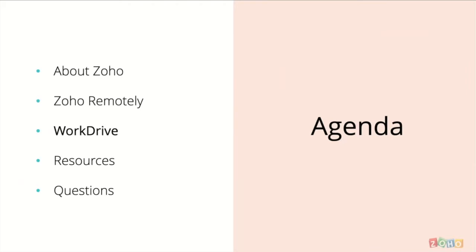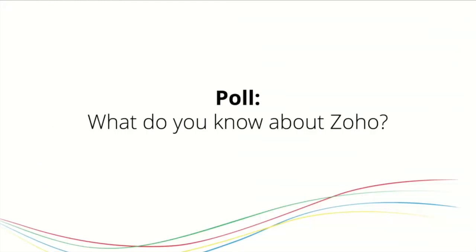I'm going to do a quick poll just to get an idea of what products you're using. So I'm going to start the poll here. That should show up on your screen. So just click one of those options. Okay, so a lot of you are using Zoho One.